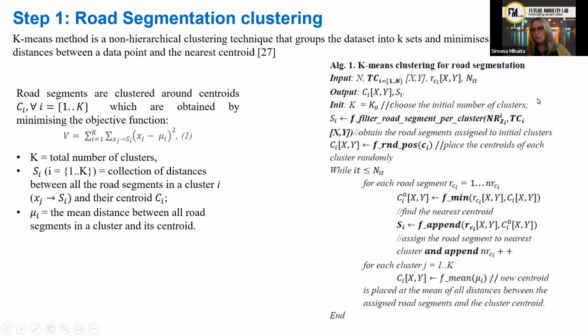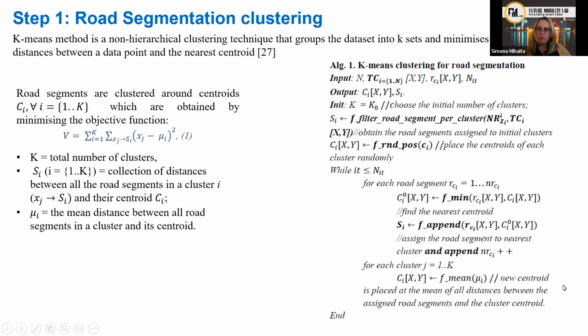We start by choosing the initial number of clusters. We then filter the road segments for each of those randomly chosen clusters. Once we have a subset of road segments for the initial clusters, we go through an iterative loop, which goes up to a specified number of iterations. For each road segment, we try to find the nearest centroid, and then we attach the road segment to the cluster whose centroid it is closest to.